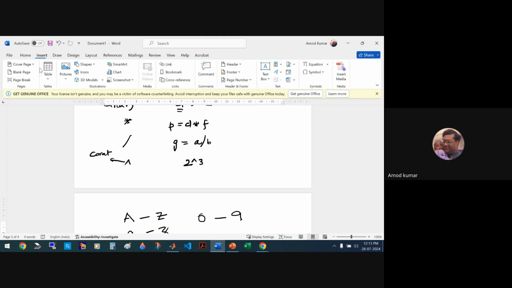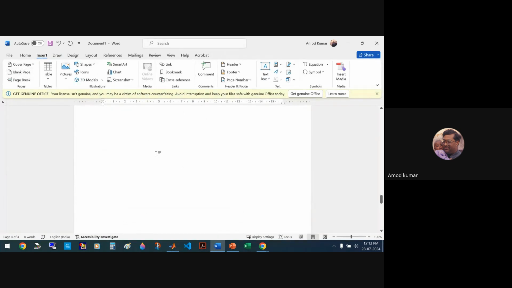Again, let me insert a page. Then there is a symbol like this. This was division. This is division. And this is also division. You may call it left slash, you may call it right slash.